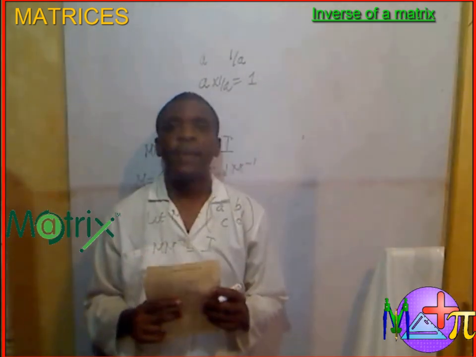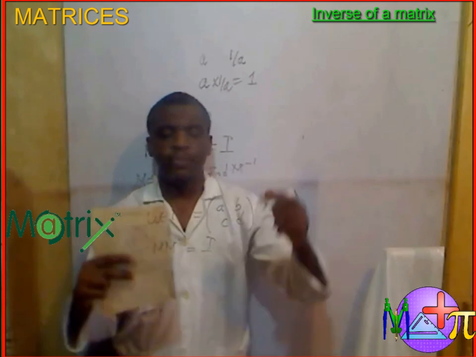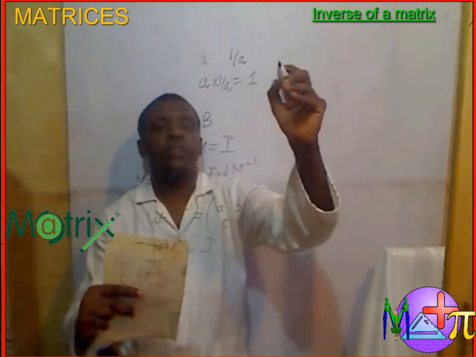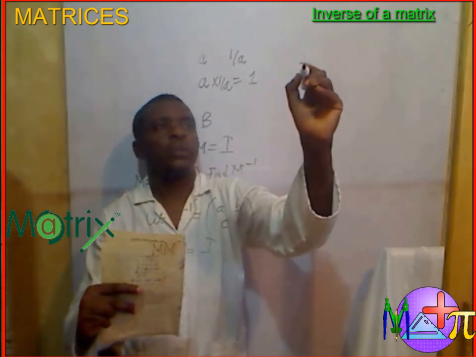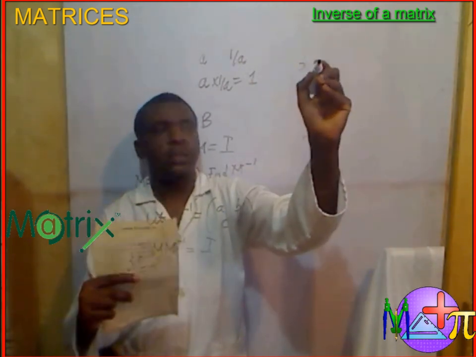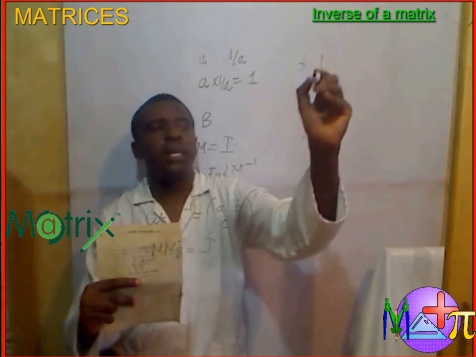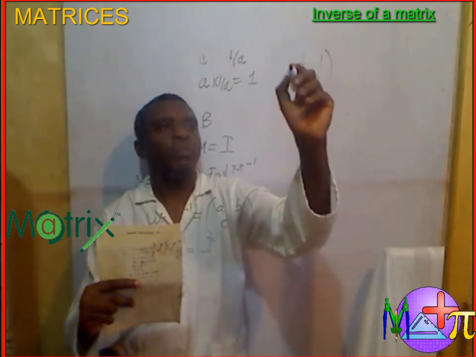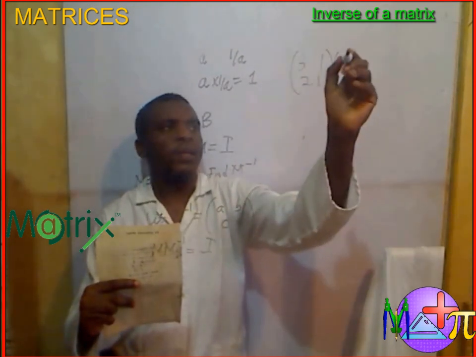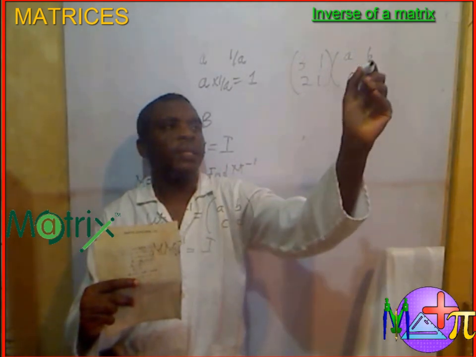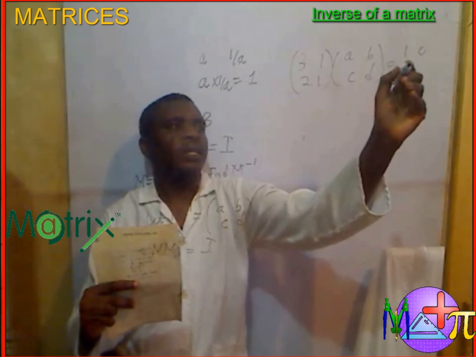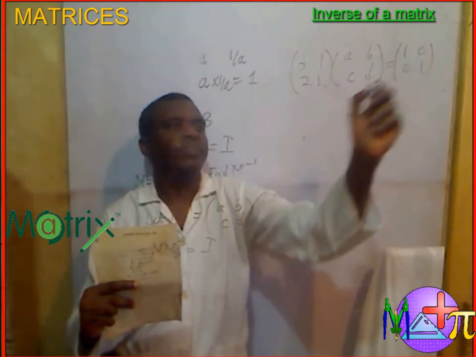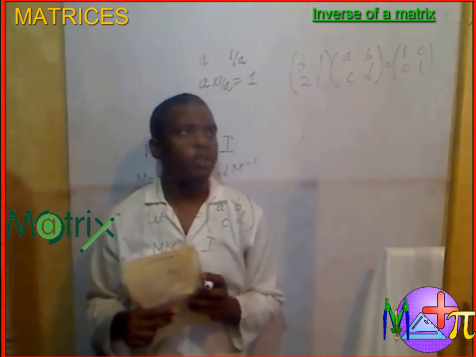So if I come here and I say the matrix M, 3, 1, 2, 1, multiplies A, B, C, and D, gives us the identity matrix 1, 0, 0, 1. So let's multiply this out.